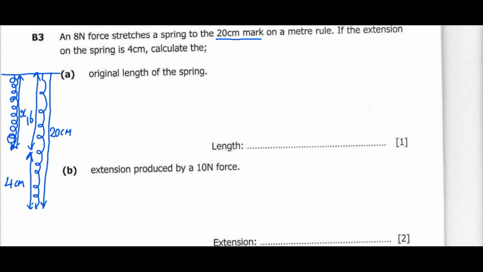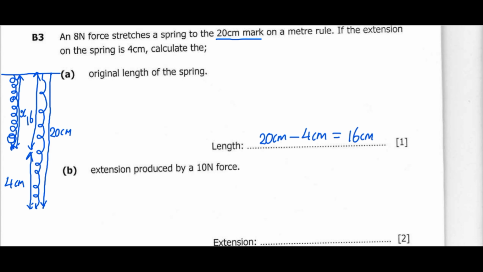This is our answer. So the original length will be 20 centimeters minus 4 centimeters, giving us 16 centimeters as our original. So before the extension, the spring showed the 16 centimeters mark. That is the point for this one.